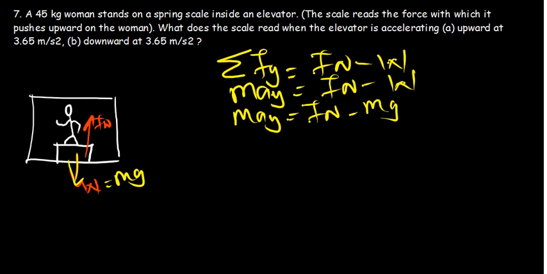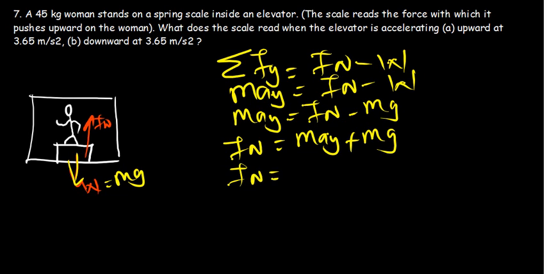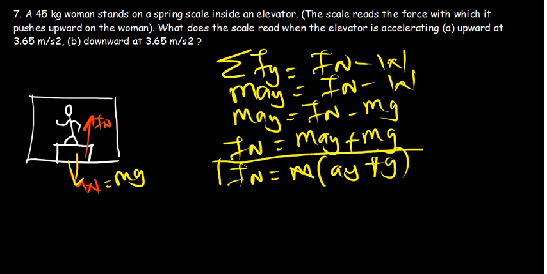Let's isolate fn. So fn is going to be given by m a y plus mg. Since we're talking about the same mass, we can say m open brackets acceleration plus g. So this is the formula which you are supposed to use in any type of elevators.